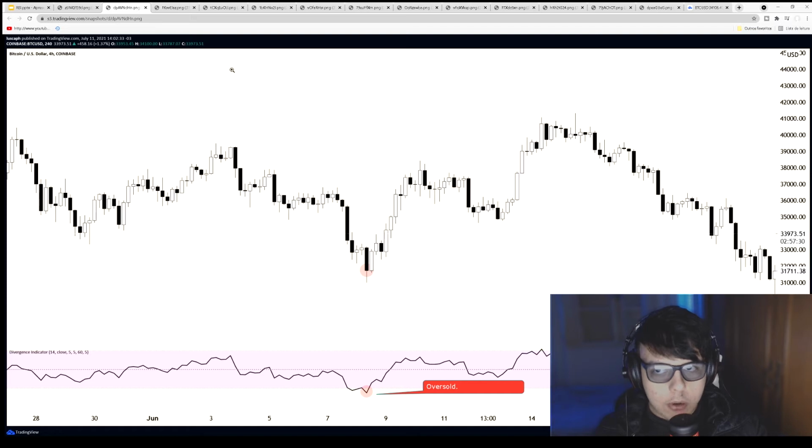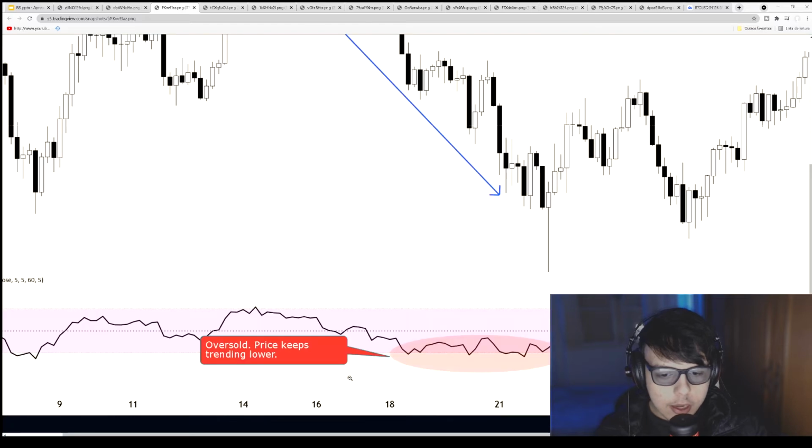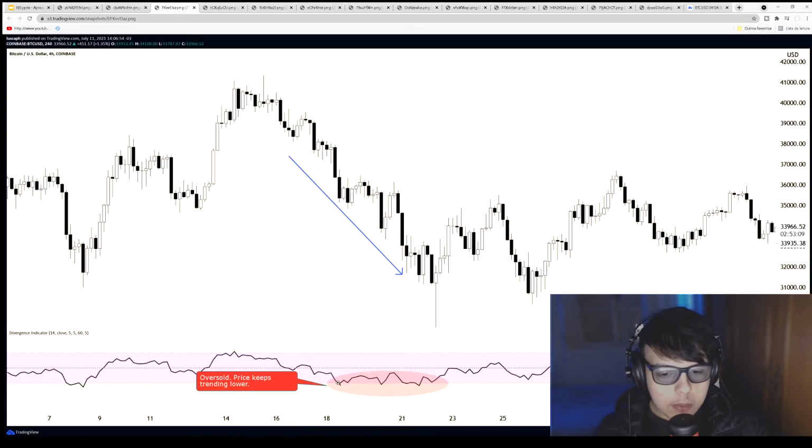However, I also have this chart over here, and you see that we have this big move to the downside on the price. It comes to a point where the RSI, down here, reaches the oversold condition, below the 30 line. But if we look at the price at the same time, you see that the price reacted a little bit, but it kept trending lower, even with the RSI oversold.